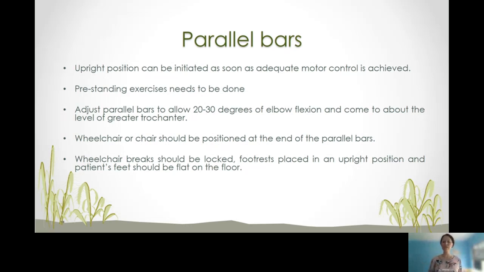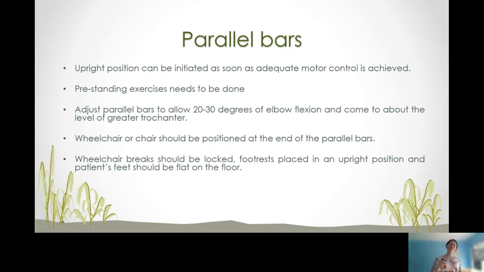Now you've brought your patient with the wheelchair from their room to the gym where the parallel bars are. Now you are wheeling the wheelchair closer to the parallel bars, almost just next to them. You are now adjusting the parallel bar height.